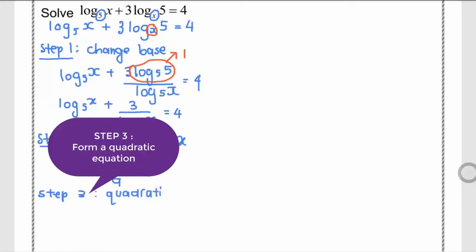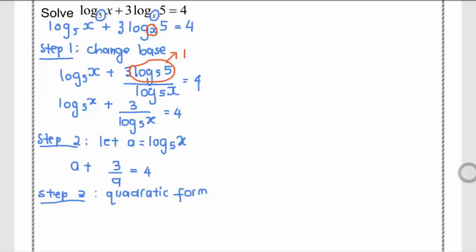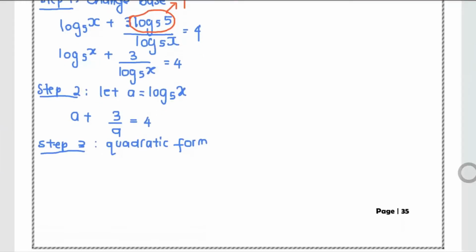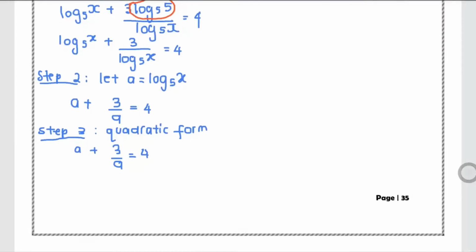From the equation a plus 3 over a equals 4, we just multiply a on the left hand side and on the right hand side, so it will be a squared plus 3 equals 4a.